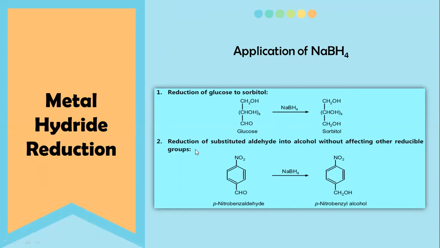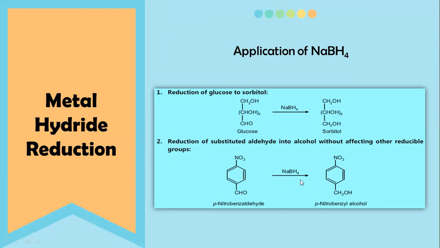Second application, reduction of a substituted aldehyde into alcohol without affecting another reducible group. So here in this reaction, para-nitrobenzaldehyde is reduced into para-nitrobenzyl alcohol using sodium borohydride.